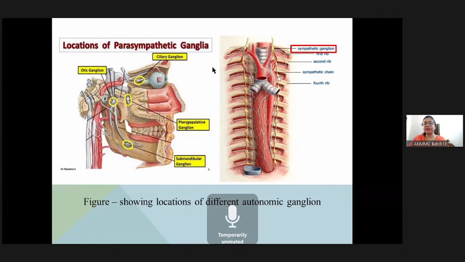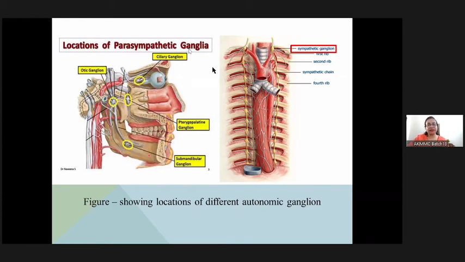These are sympathetic ganglia. And we can see some ganglia here. This is ciliary ganglion, this is otic ganglion, palatine ganglion. All these are parasympathetic ganglia.